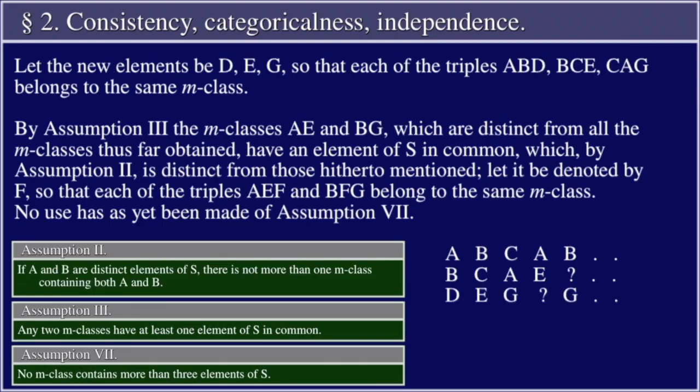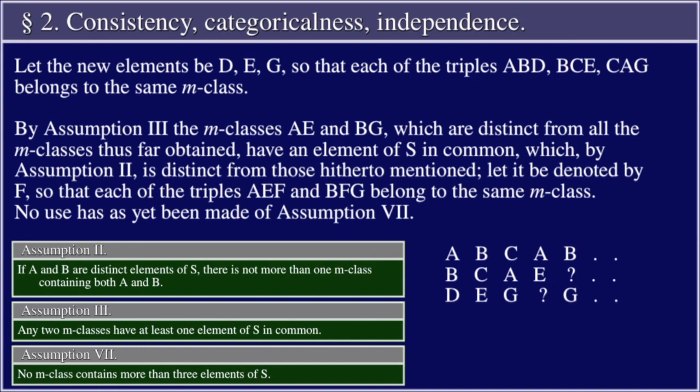Let the new elements be D, E, G, so that each of the triples ABD, BCE, CAG belongs to the same M class. By assumption 3, the M classes AE and BG, which are distinct from all the M classes thus far obtained, have an element of S in common, which, by assumption 2, is distinct from those hitherto mentioned.